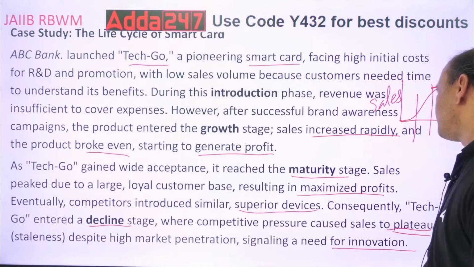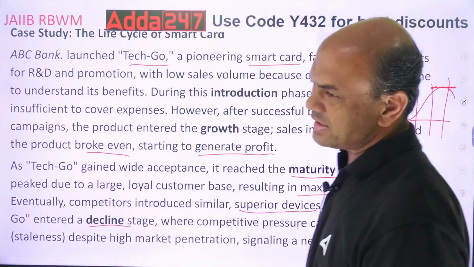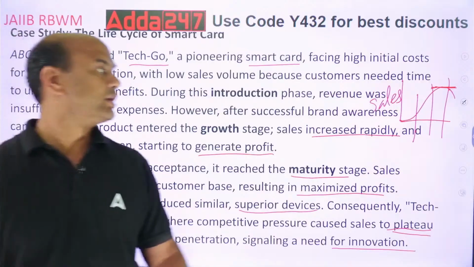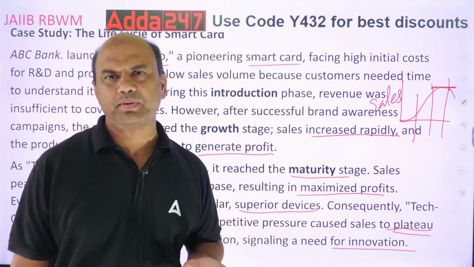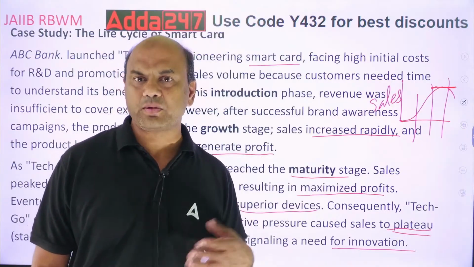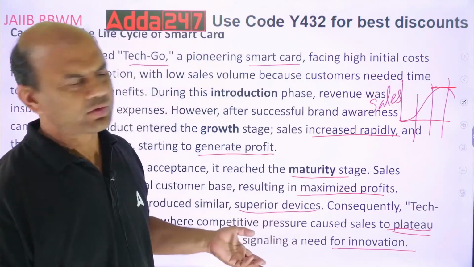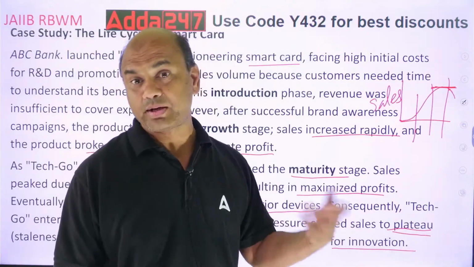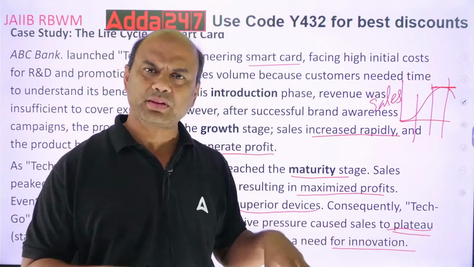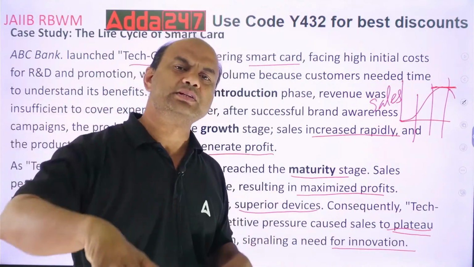This is very important. Whenever you are in the decline phase, it's not compulsory that you should remove that product. It can happen that the product is removed. Or the second option is, rather than removing, you can do some innovation like Apple does. Competitors try to copy Apple, and immediately Apple brings in the new feature.